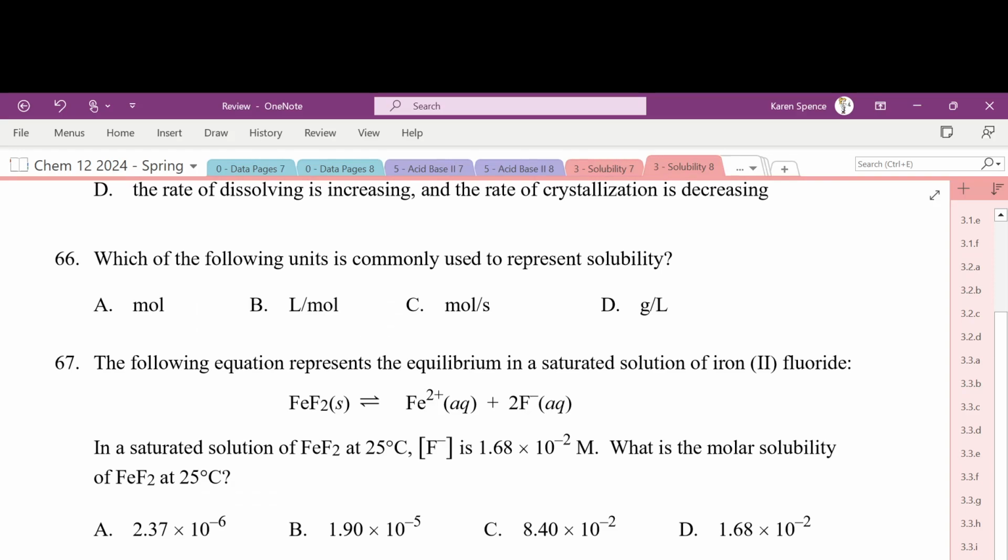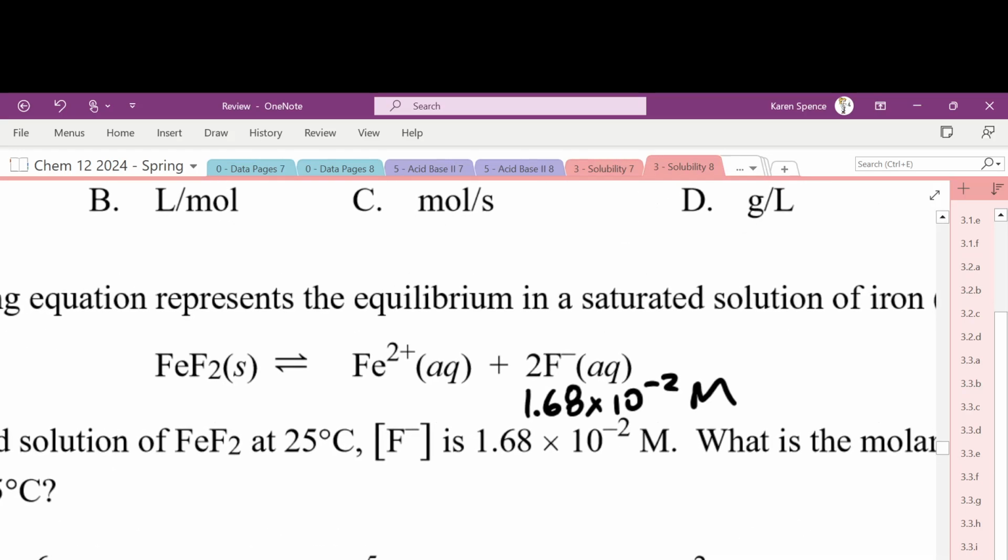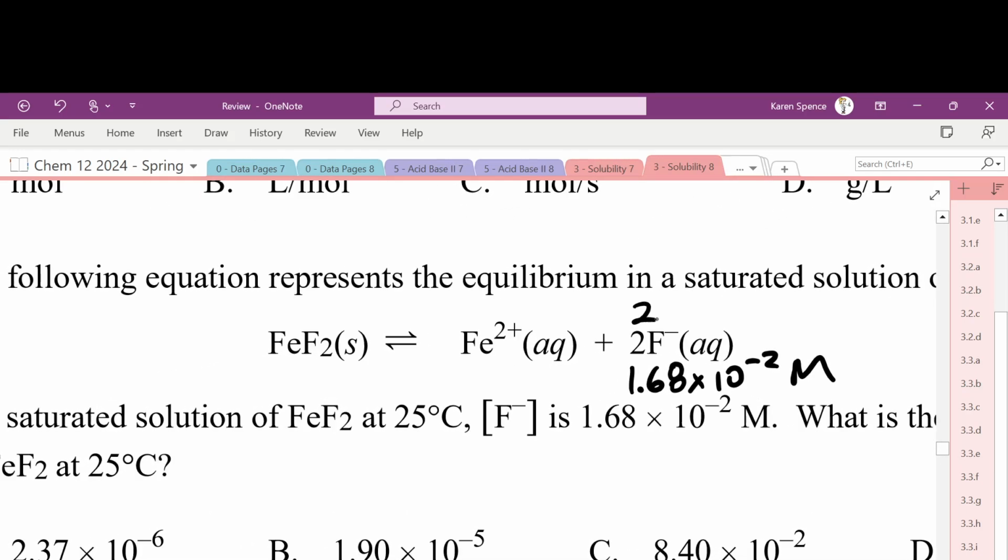Okay, we have iron 2 fluoride. We know the concentration of fluoride is 1.68 times 10 to the negative 2 molar. What is the molar solubility? So this is 2 fluorides.